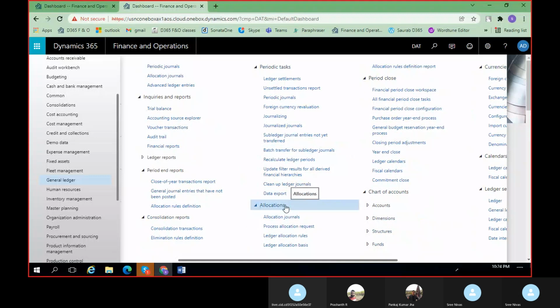Allocations means, for example, in a business there might be a few transactions, let us say cleaning expenses.